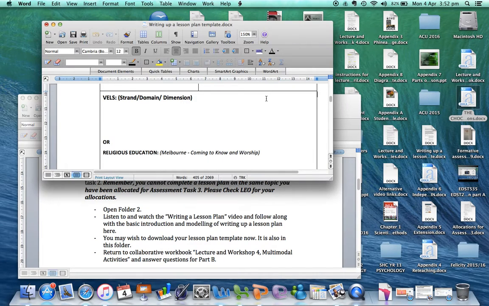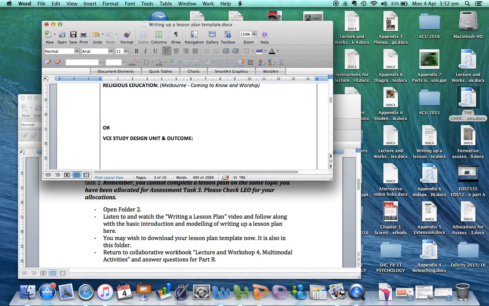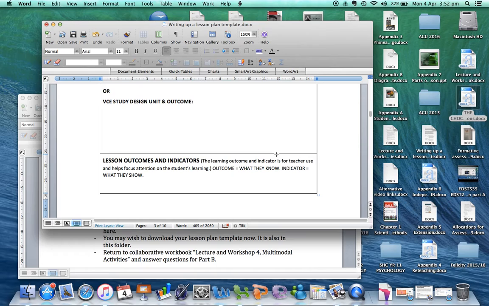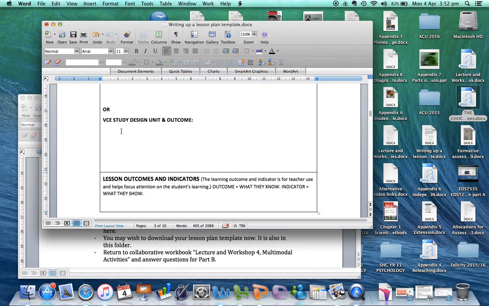So when we were looking at our lesson plan template, and also something I should have mentioned in the first part, when you are writing down Unit 1 and what Unit 1's all about, and Area of Study 1 and what Area of Study 1's all about, or depending on your topic, of course, and the key knowledge area, I want you to actually write down any key terms from that key knowledge area.